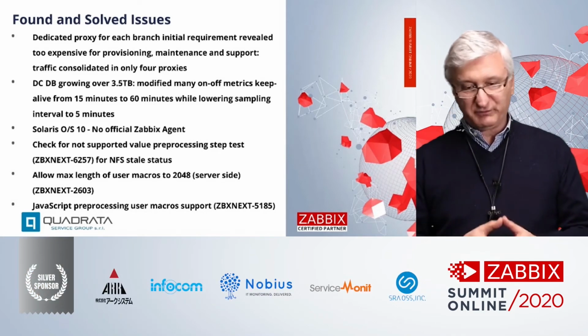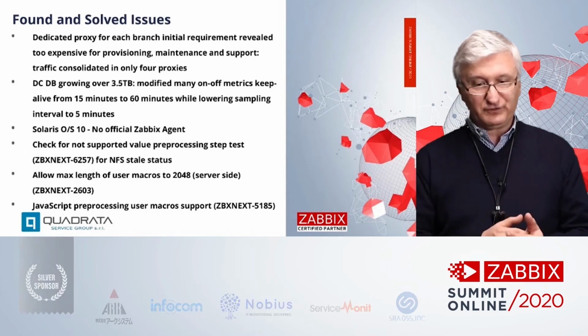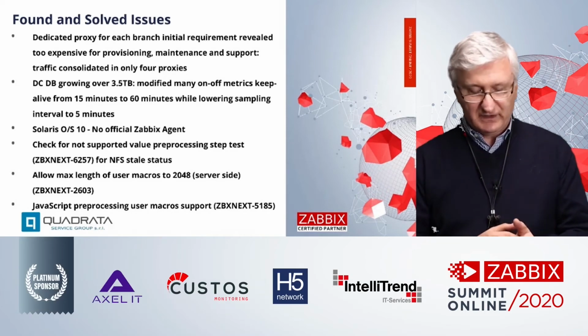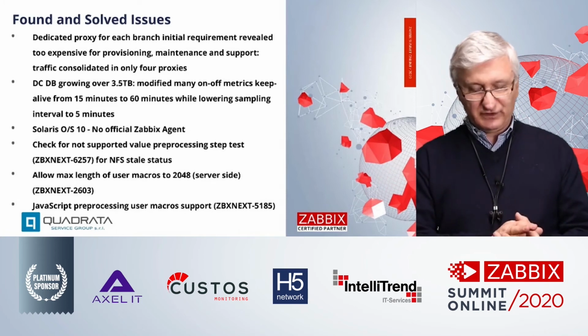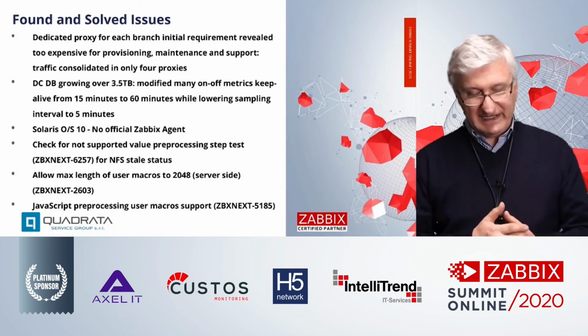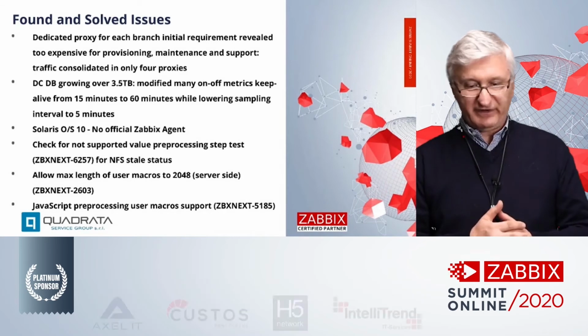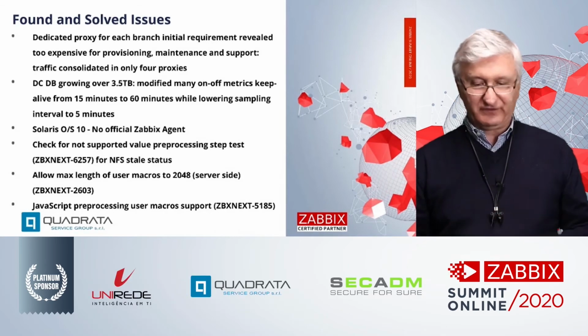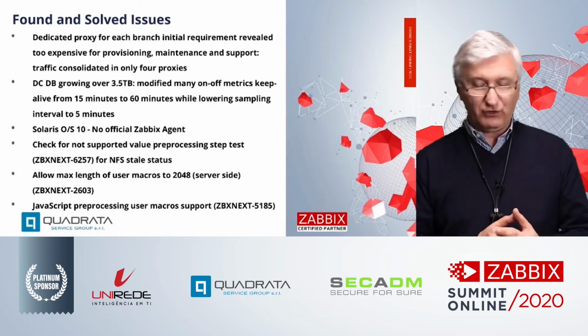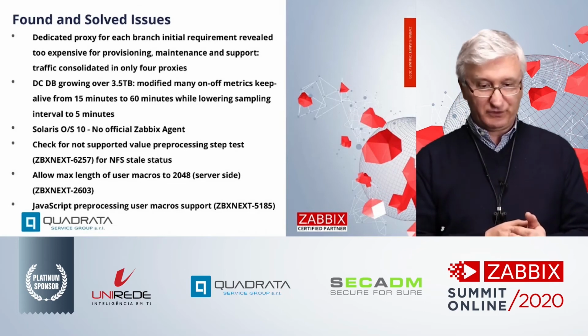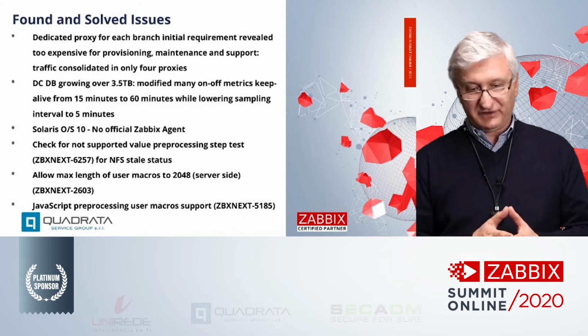Not only for the provisioning, but also for the maintenance and support. So we decided jointly with the bank to have fewer proxies, and we were able to address all the devices in the branches using only 4 proxies. So this was a very interesting study.